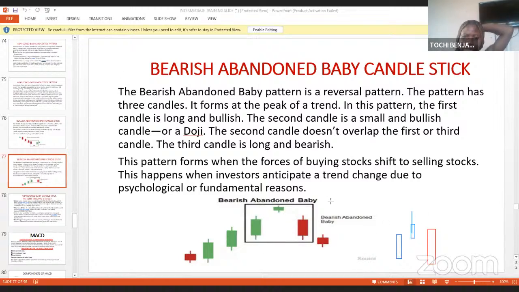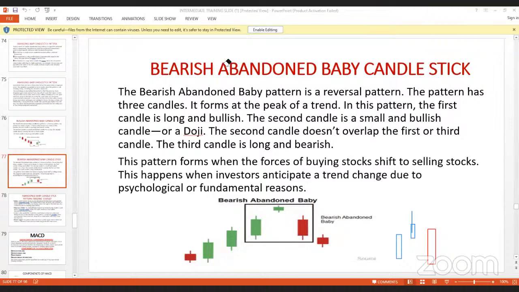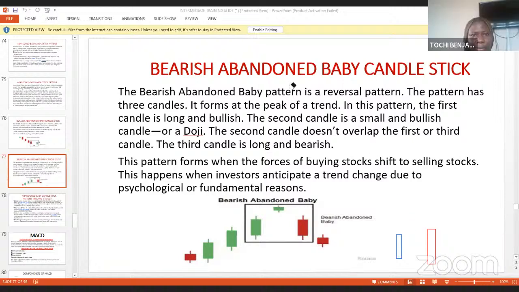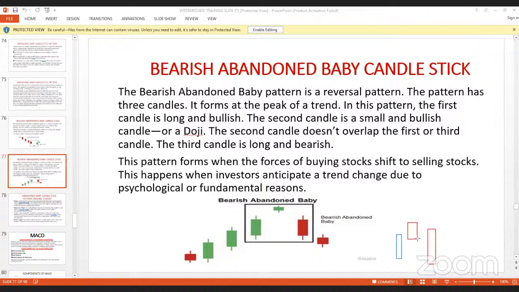Roland, I hope you are the one that asked me. Now, Stephen, this particular formation and this formation, is it the same thing? Hello? Yes, can you hear me? Yeah, I'm hearing you. Yes, let me see.